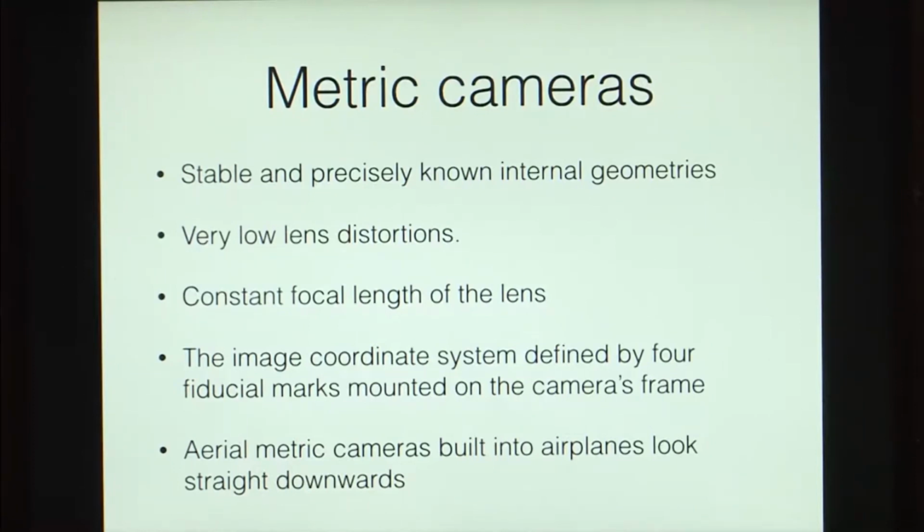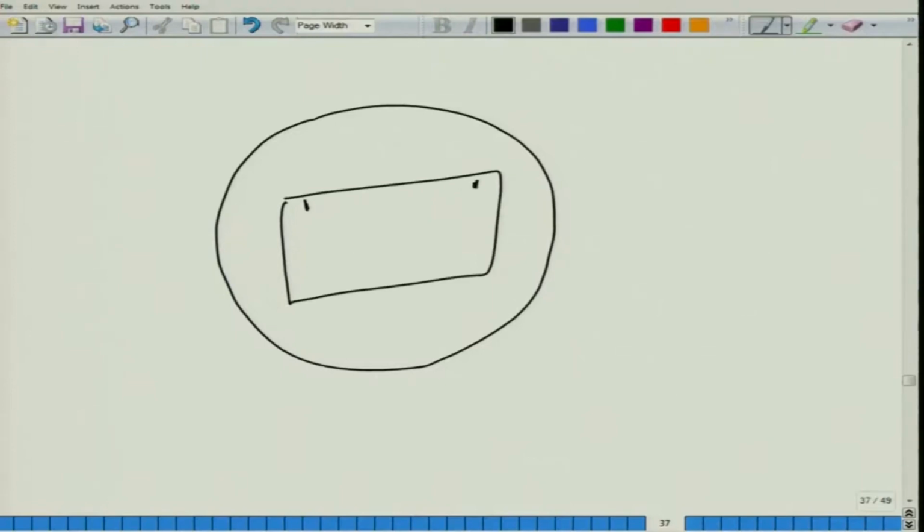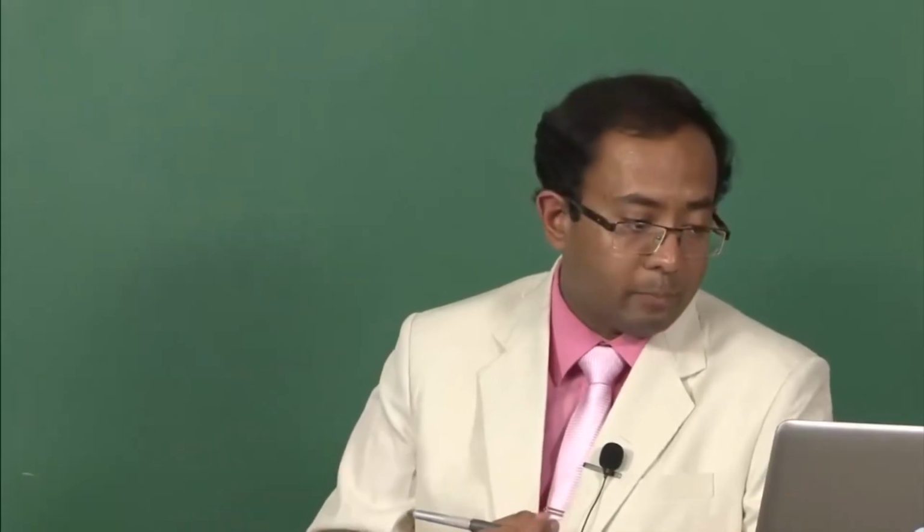What that means is, when we take an image from this camera, it would have 4 marks in the photograph, which would tell us the image coordinate system. Because these 4 marks are in the camera itself, they will always be there on all the photographs, and we can use these marks to back calculate any geometries in the photograph.